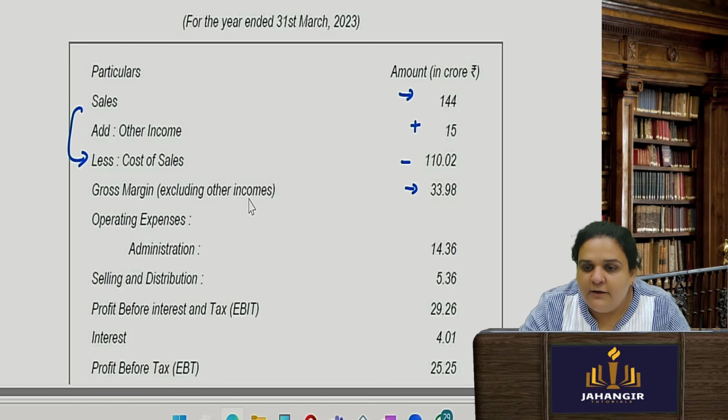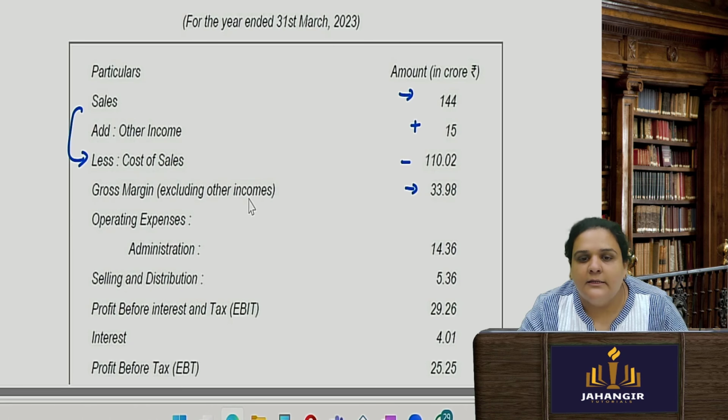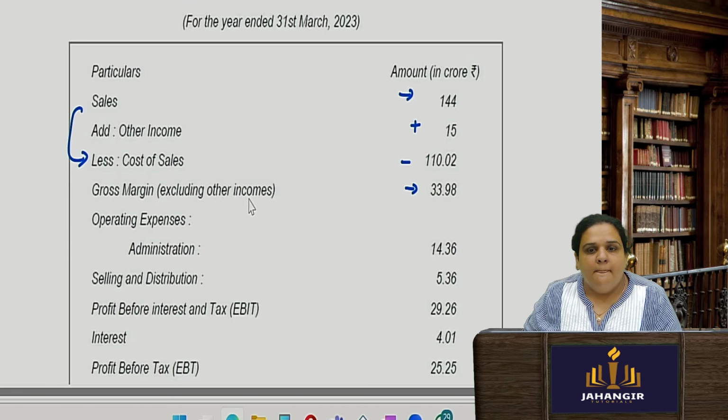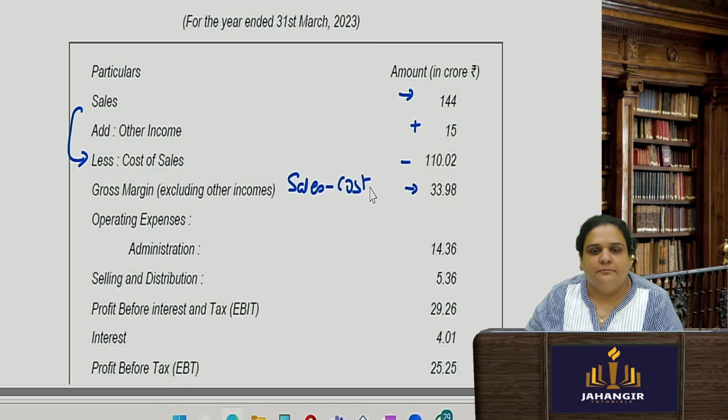See, 144 minus 110.02, 33.98. Yes, they have taken sales minus cost of sales. Only then you will get gross profit.